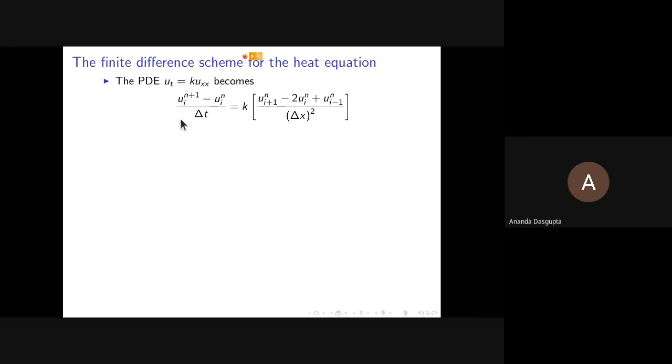Is that okay? Is that the correct thing to say? Since I know u_i^0 for every i, that's the initial condition, I can use this to calculate u_i^1 for every i.